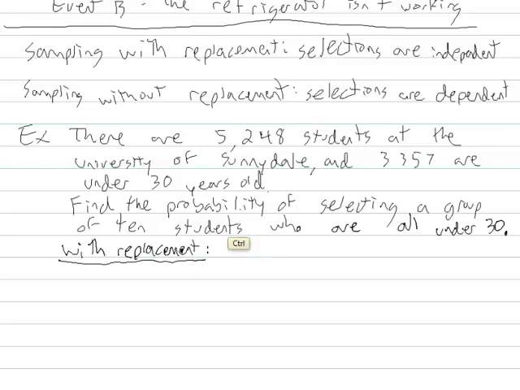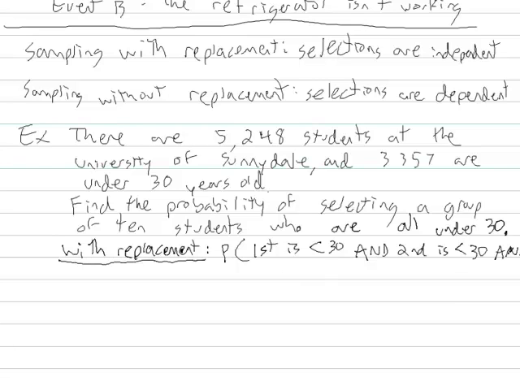So if we're doing this with replacement, then this probability is basically the probability that the first is under 30 and the second student is under 30 and so on, right?